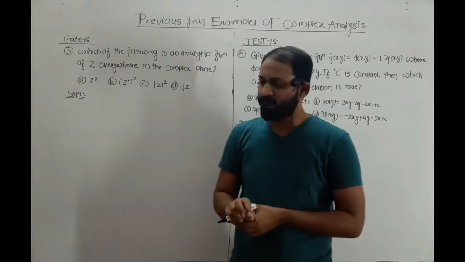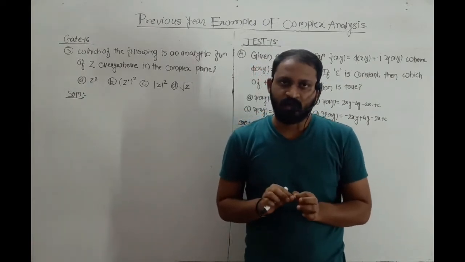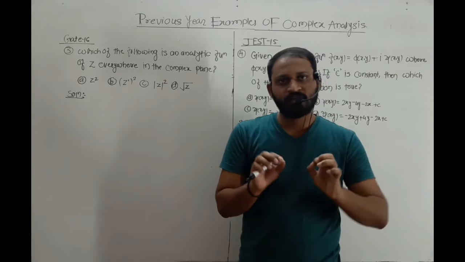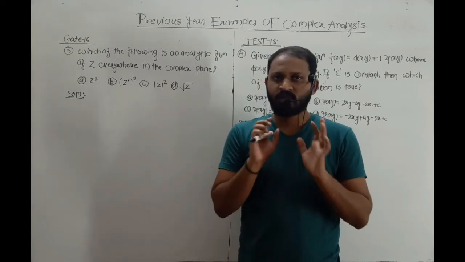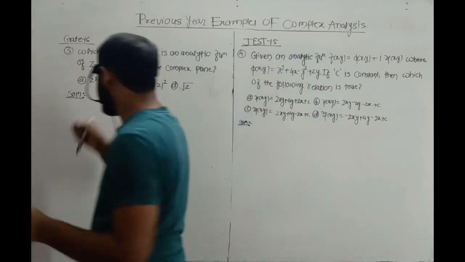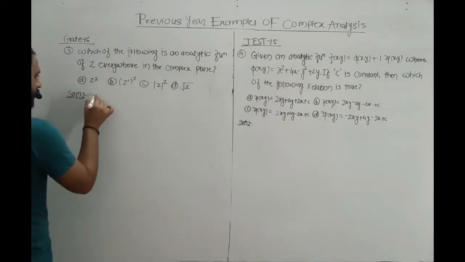Analytic function. यानी कि जो भी गिवन फंक्शन रहेगा उस फंक्शन में CR इक्वेशन की जो कंडीशंस हैं वो सेटिस्फाई करना चाहिए. तो देखिए हम पहला ऑप्शन लेंगे और चेक करेंगे.